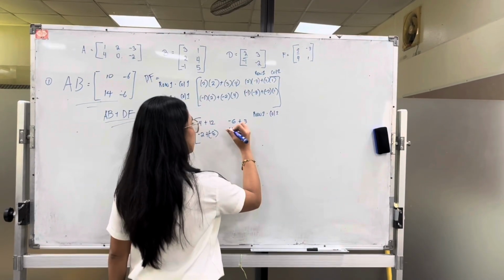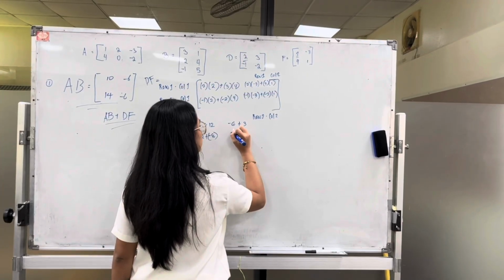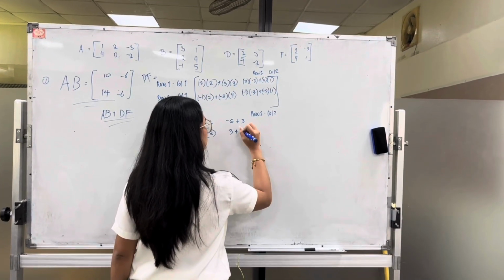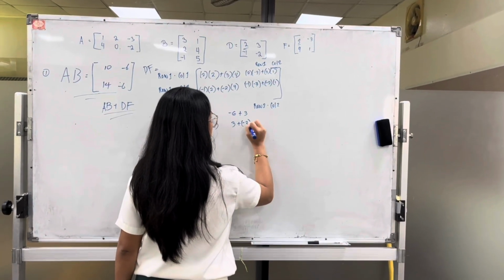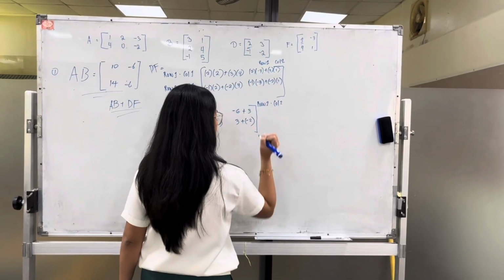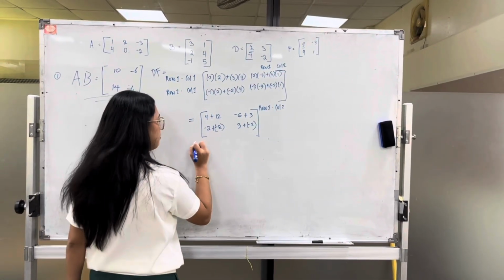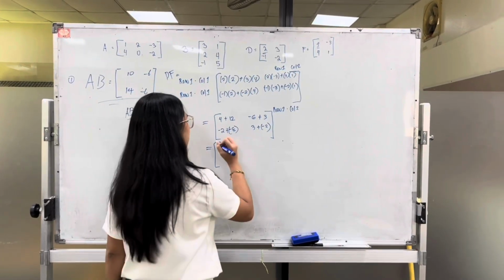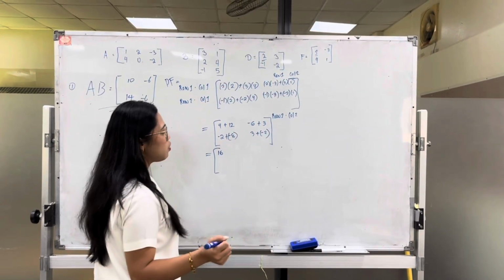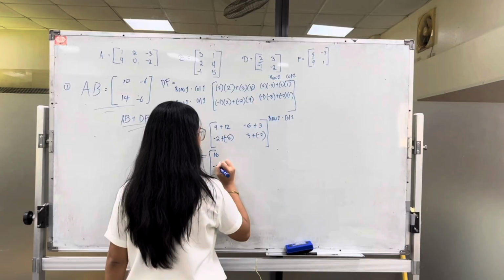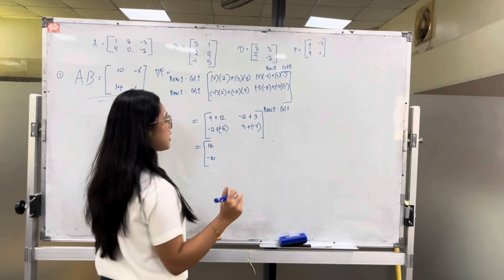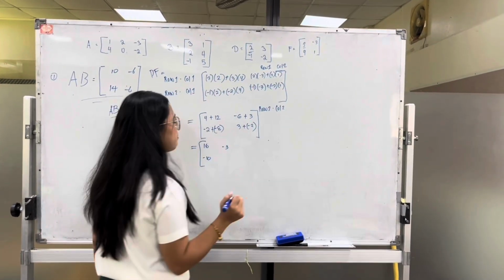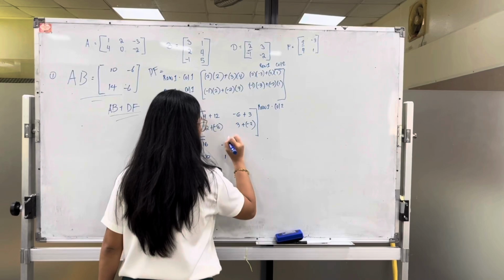And negative 1 multiplied by negative 3 is positive 3 plus negative 2. So we get the sum of all the values. We have 4 plus 12 is 16. Negative 2 plus negative 8 is negative 10. Negative 6 plus 3 is negative 3. And 3 plus negative 2 is 1.